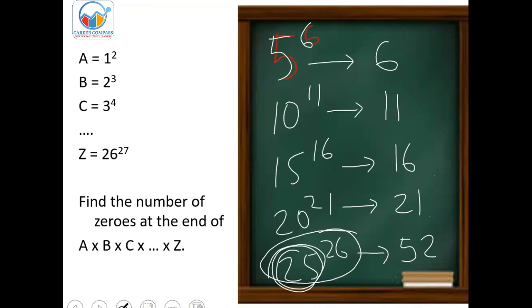So what is the total number of fives? I'll add all the powers. If I add all the powers, I'll get the answer. So what is my answer, guys? 6 plus 11 plus 16 plus 21 plus 52.